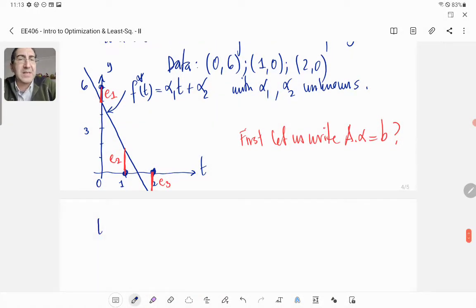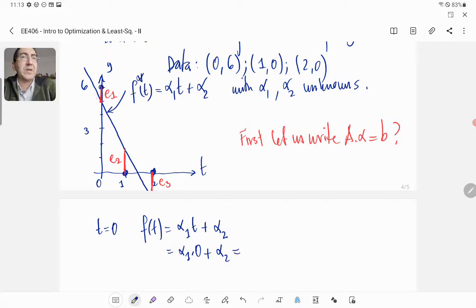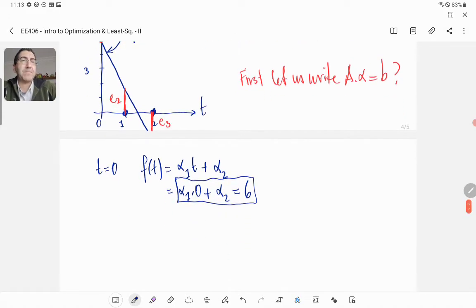For example, for t equal to 0, you have f of t equal to alpha 1 t plus alpha 2. And I know that t is equal to 0. So this is alpha 1 times 0 plus alpha 2. What is it equal to? It is equal to 6. So 0 times alpha 1 plus 1 times alpha 2 is equal to 6. So that's an equation, right?